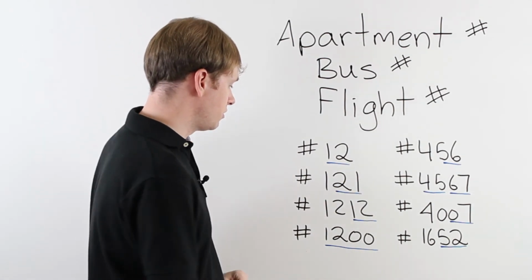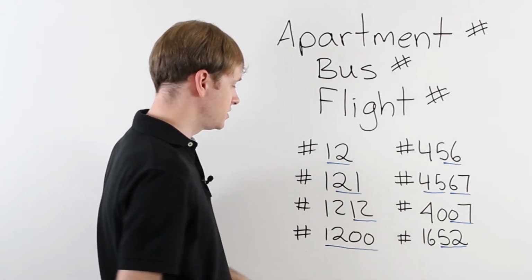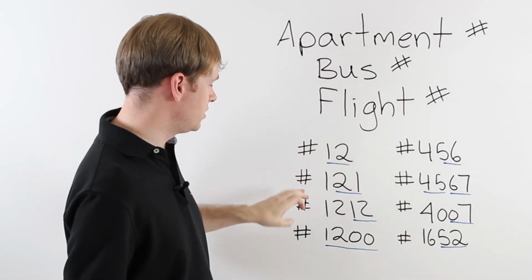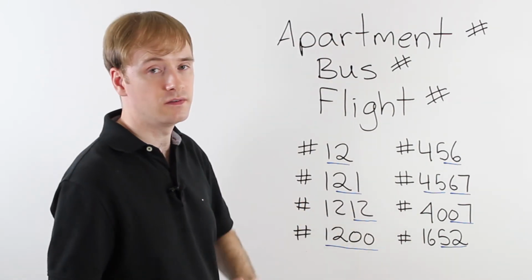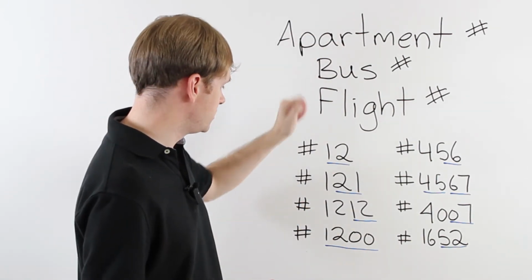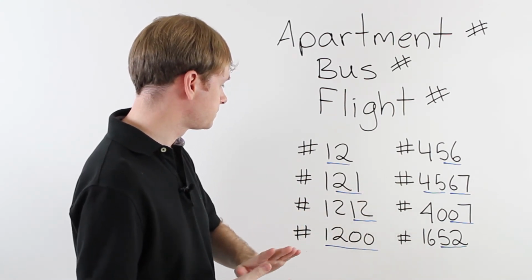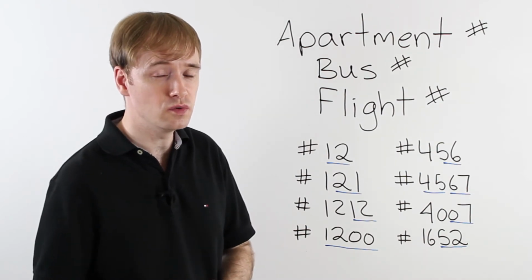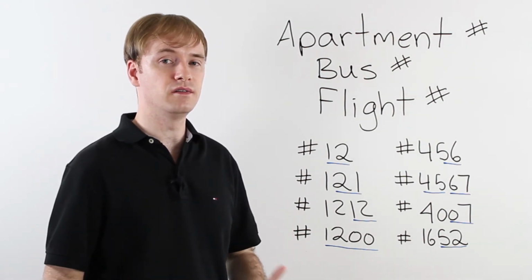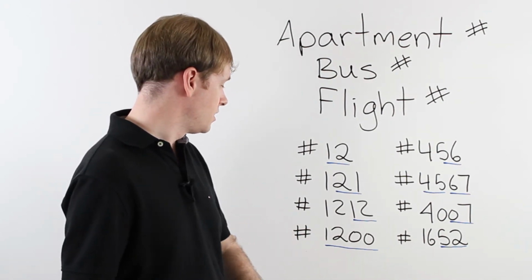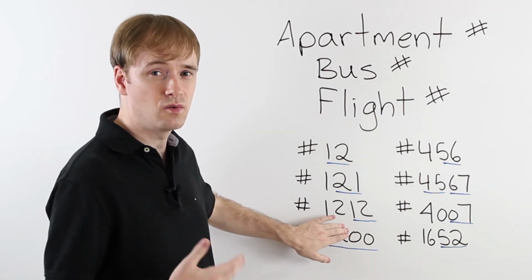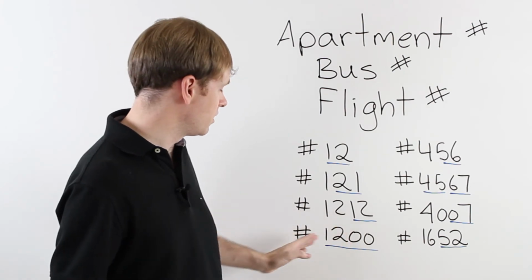The next one, okay, let's look at the last two numbers, 12. So we would express apartment number 12-12. Bus number 12-12. You can also say number one-two-one-two, but 12-12 is more common. The next number, okay, the last two are 00, so we can't say 0. We're going to just say it all.